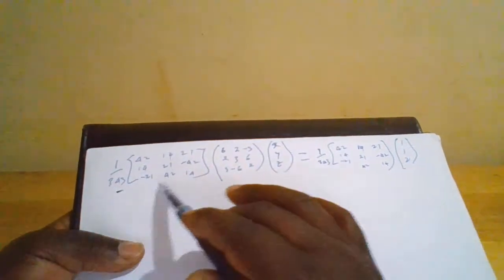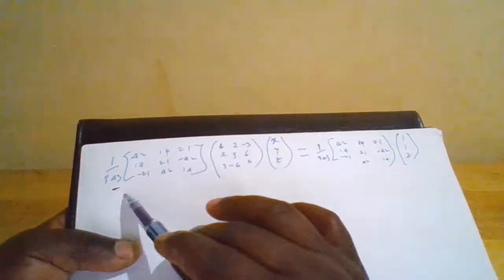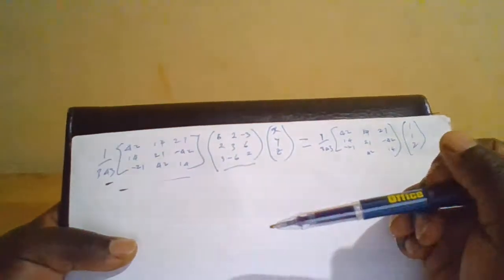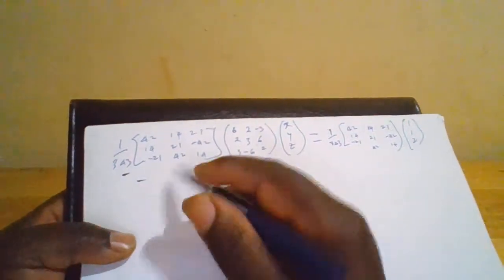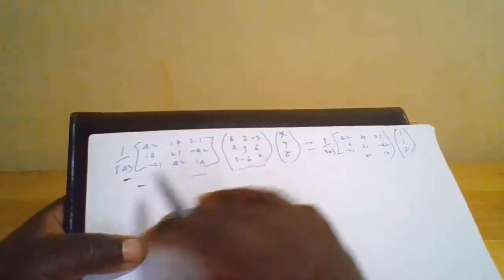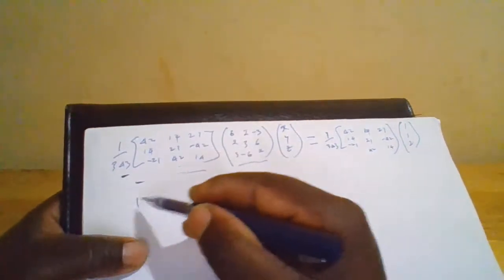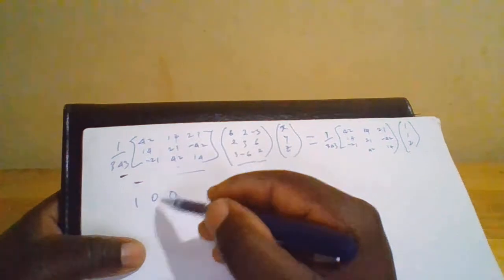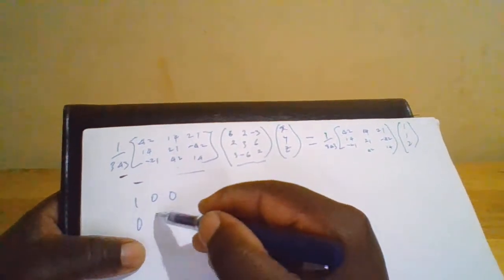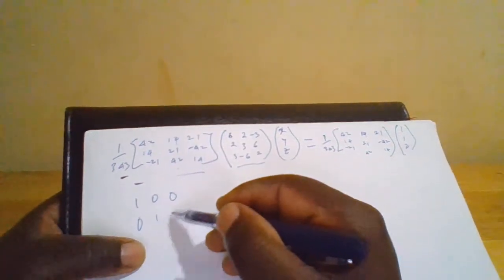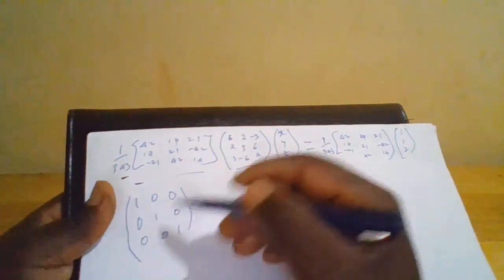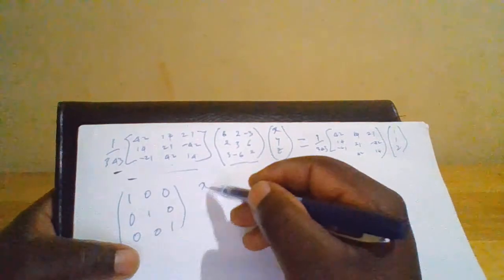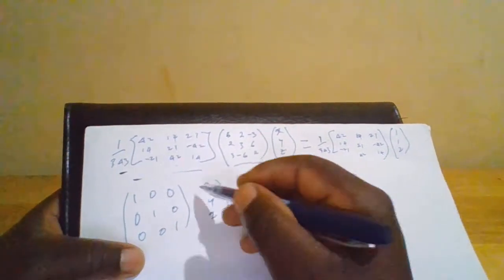Now when you multiply this, which is the inverse of this matrix, with the matrix, we shall be able to get a unit matrix which is given by 1, 0, 0, 0, 1, 0, 0, 0, 1, times x, y, z.